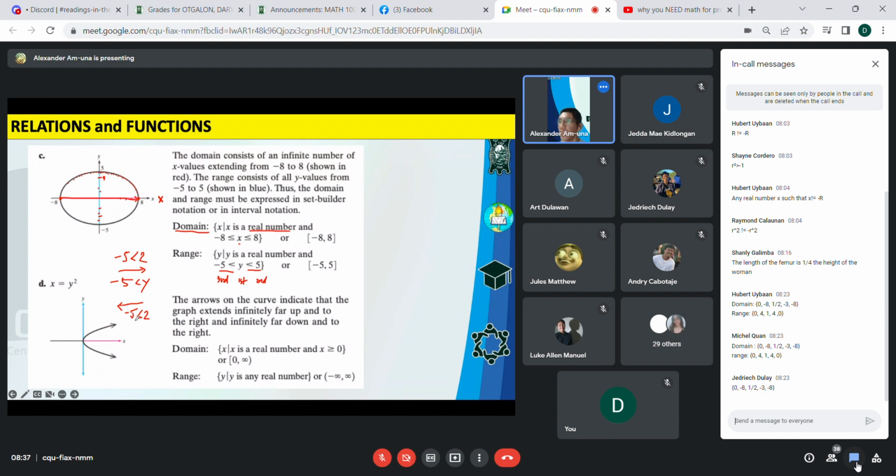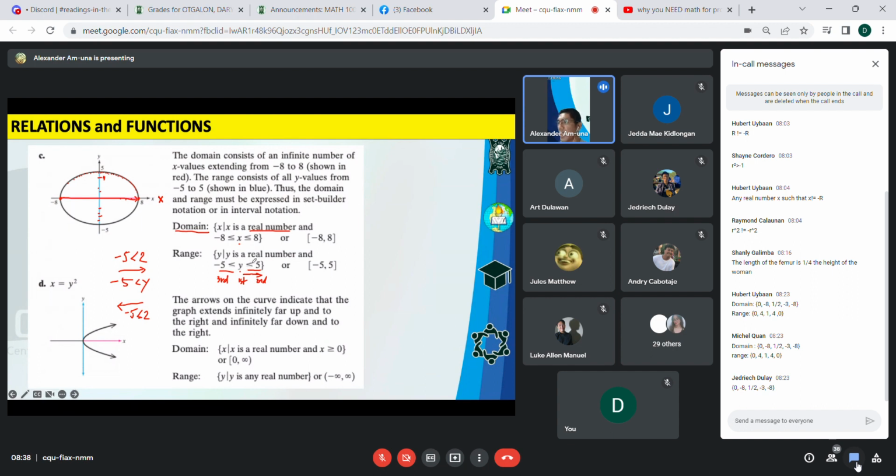Yeah? Okay. So repeat, from left to right, -5, read the symbol, is less than 2. From right to left, start from the right, 2, you read the opposite of the symbol, and then the number. So 2 is greater than -5. So going back here, since we start from the middle, we read this one as y is less than or equal to 5. Tama, because we are reading from left to right. Correct?